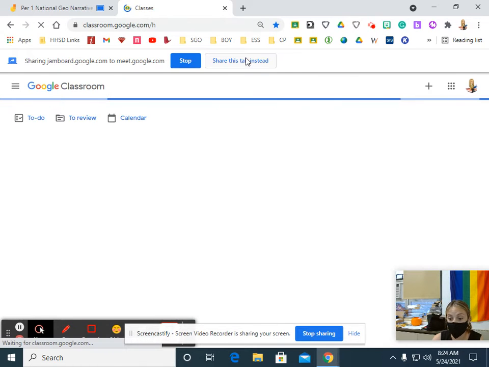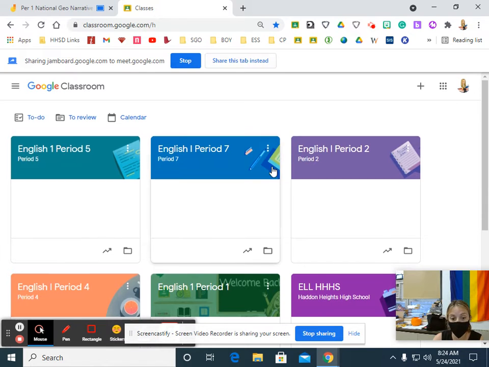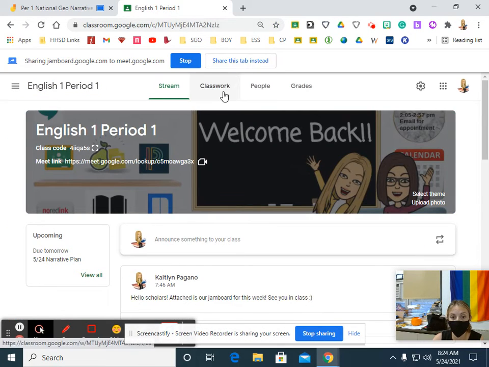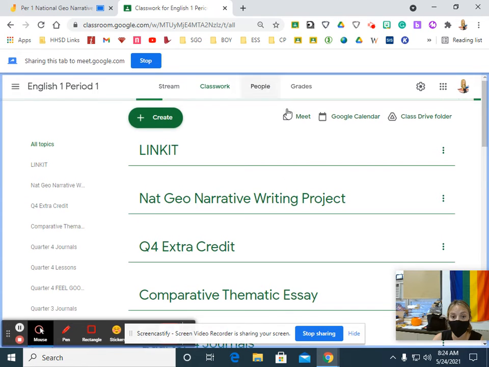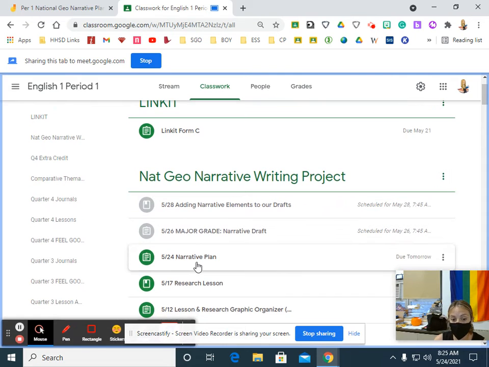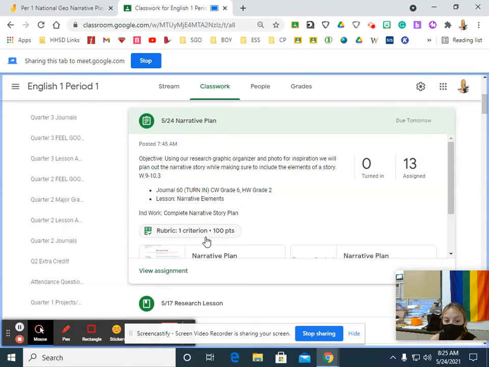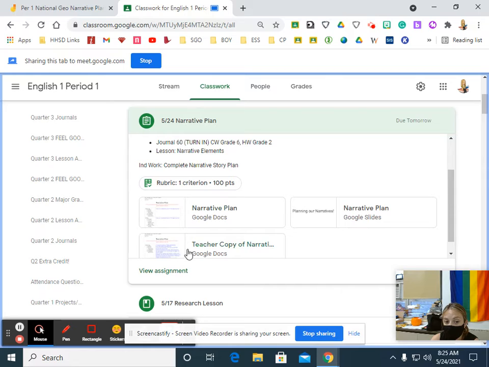So now I'm going to show you technically where you find this assignment and where the resources are. So on Google Classroom, underneath the Nat Geo Narrative Writing Project, you're going to find today's date, and it's going to say Narrative Plan. When you open this assignment, you're going to see that it made you a copy of the narrative plan.